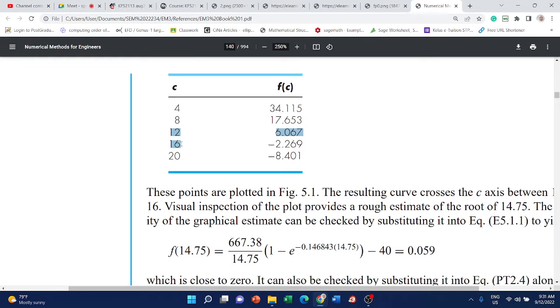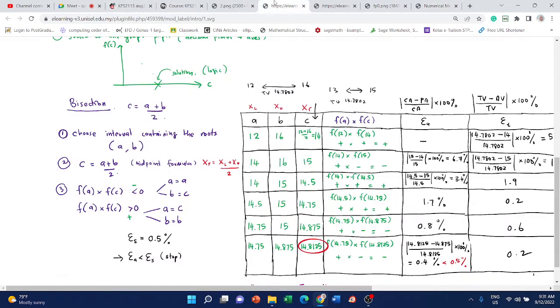That I have explained once in the video. So you cannot choose 8 and 12. The interval you cannot choose 8, 12 in your computation because 0 does not lie between the two values. So you must choose an interval that has roots. In the bisection, I mark here: choose interval containing the roots, a and b.